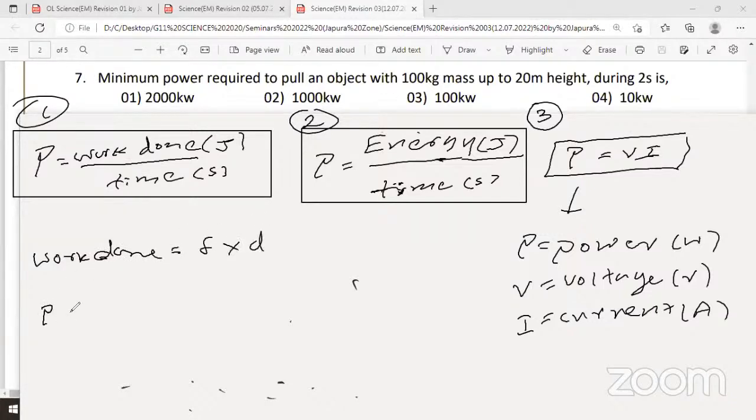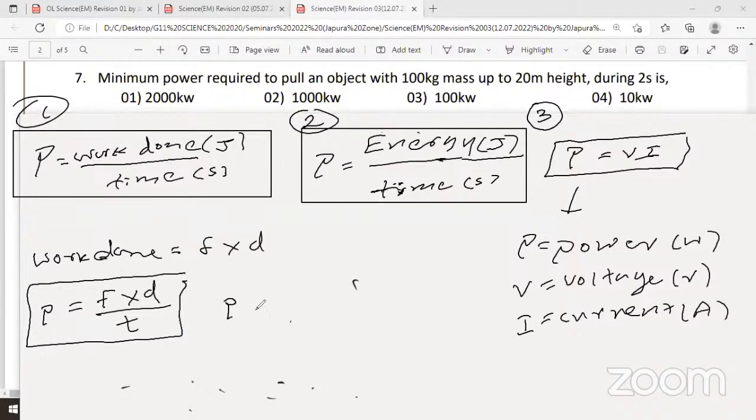So I can replace this in the equation: power equals force into distance over time taken. Work done is replaced with F into D. Now you can apply the values. Look at the data given: 100 kilogram mass, 20 meters height, 2 seconds.